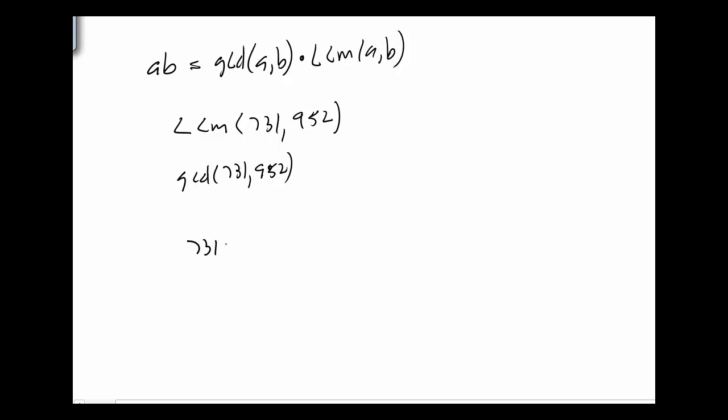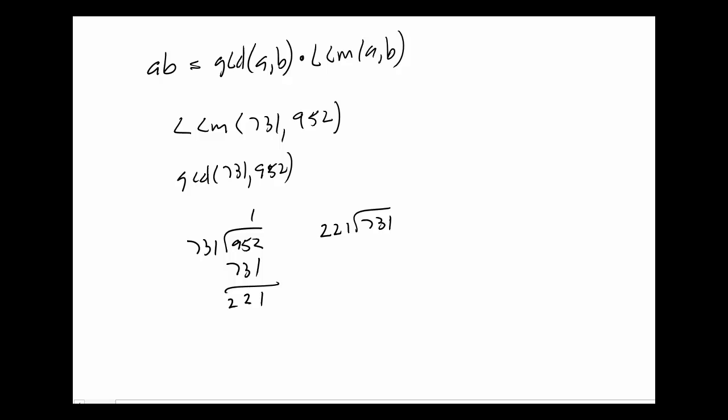So 731 into 952. It goes in there one time. And if I subtract, I get 1, 2, 2, so 221. And then I want to divide that remainder. So I want 221 to go into 731. Oh, let's see. 1 is not enough.